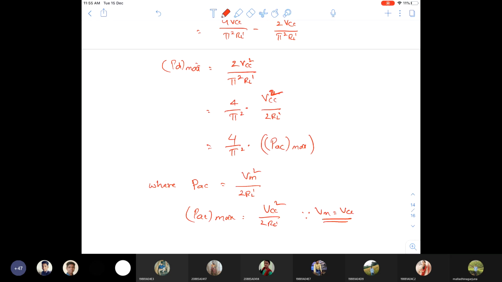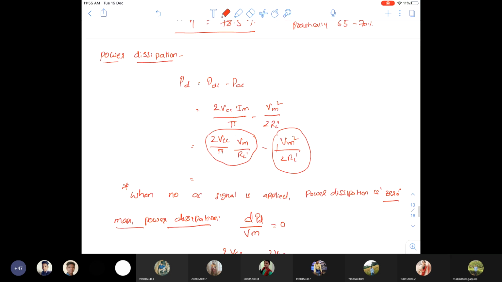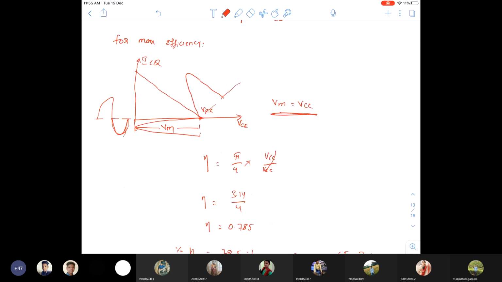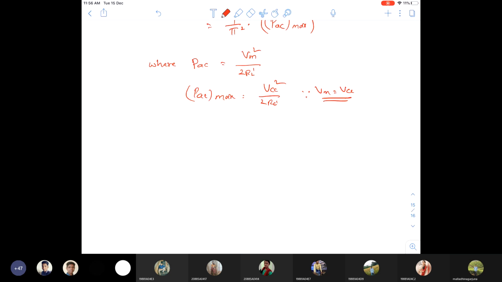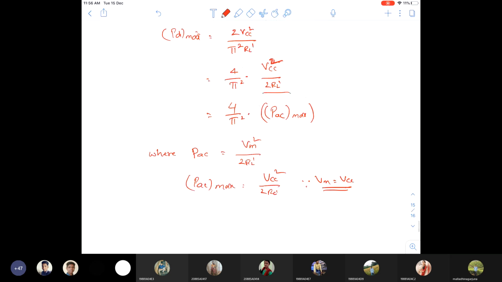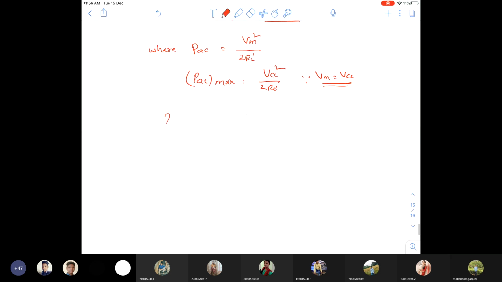Maximum power dissipation కి Vm equal to 2 VCC by pi, maximum efficiency కి Vm is equal to VCC కదా. So PAC equal to VCC square by 2 RL dash, I am substituting this. Okay, so PD max finally equal to 4 by pi square into PAC max.